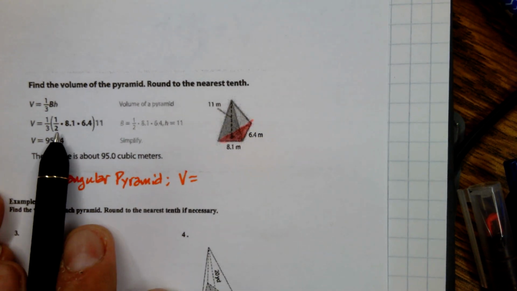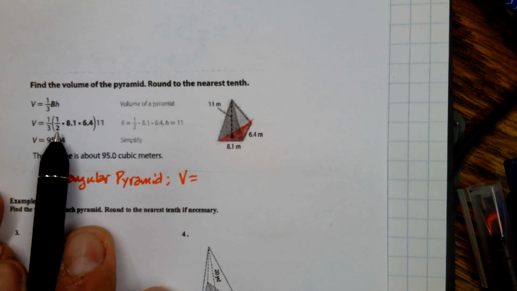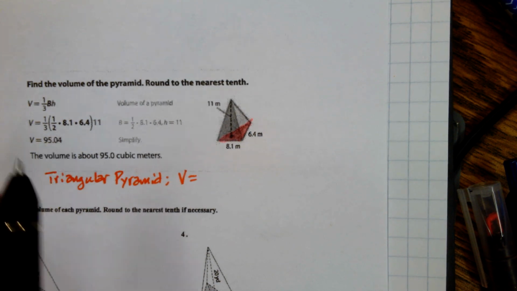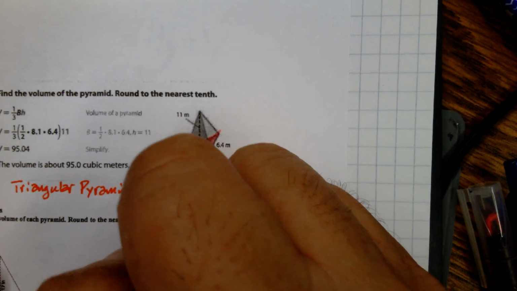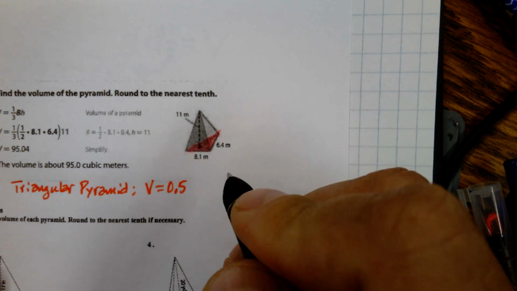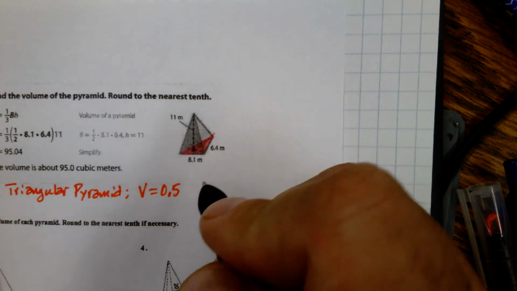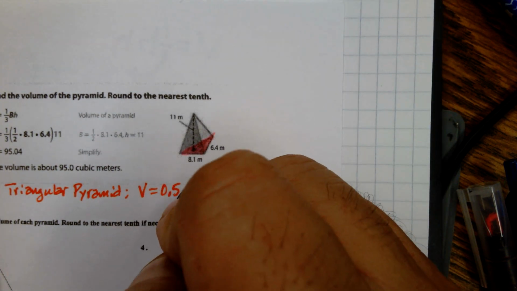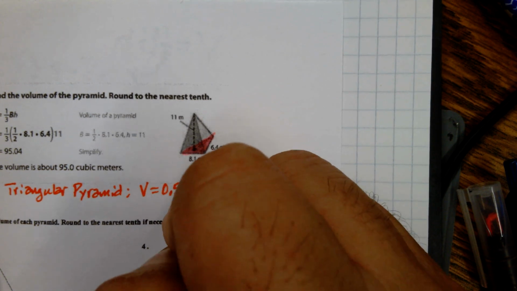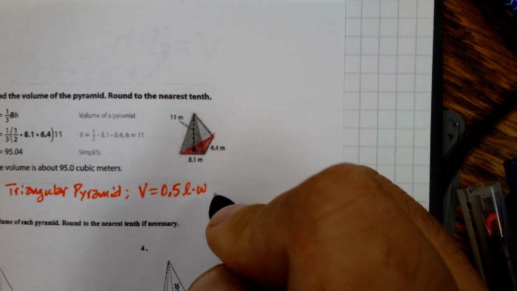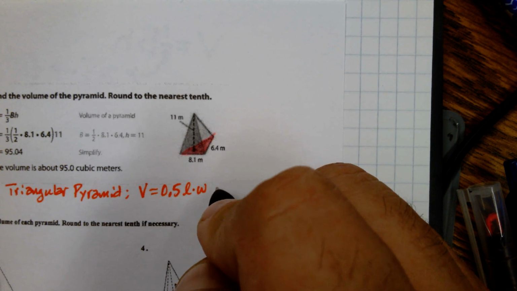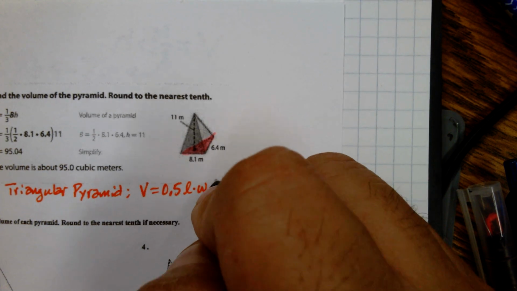And look what we're going to have to do. 1/2. Friday, how do we take care of that 1/2 on the calculator? 0.5. So 0.5. And then we have to do basically the length and the width. And then we also have to multiply that times the height of the pyramid.